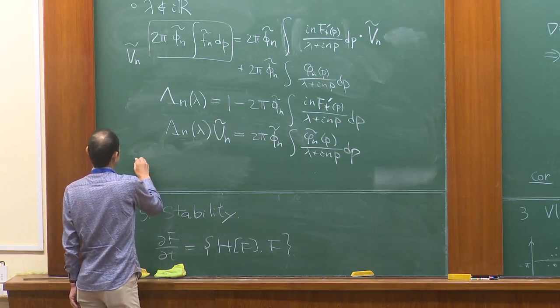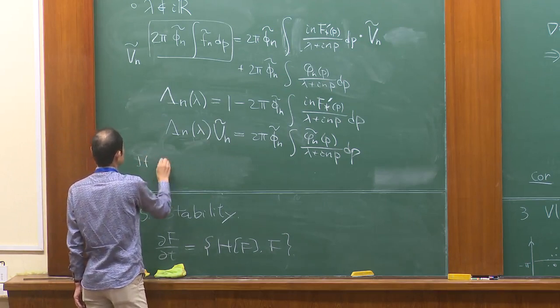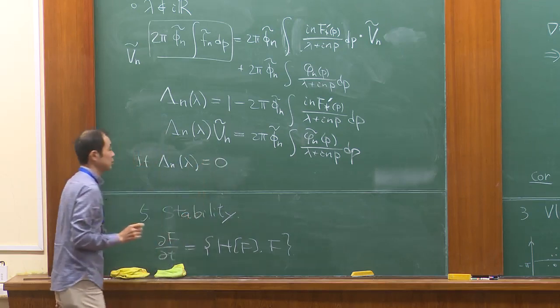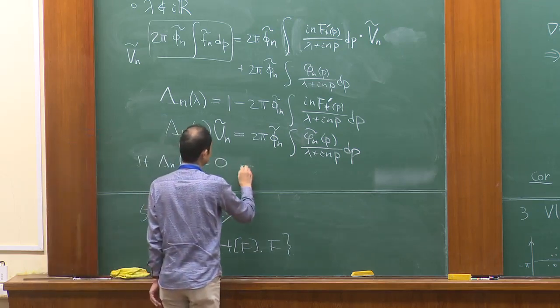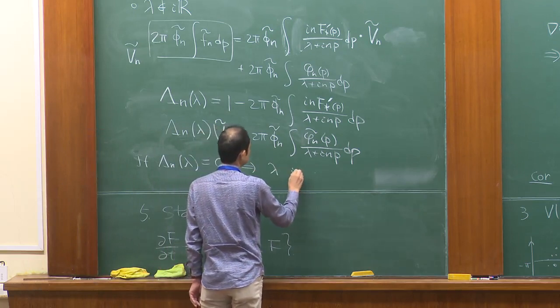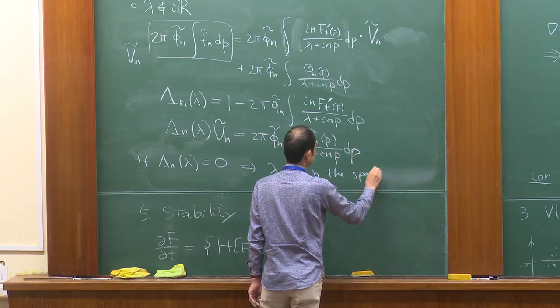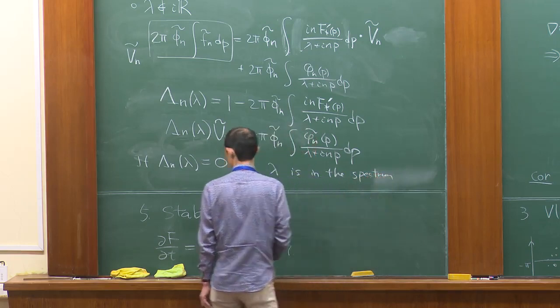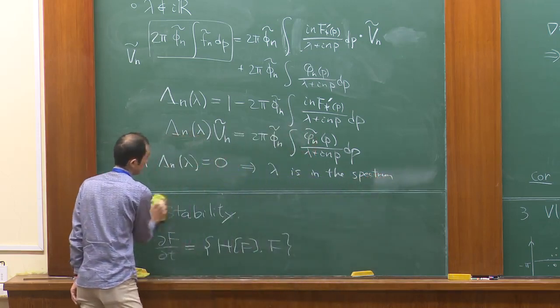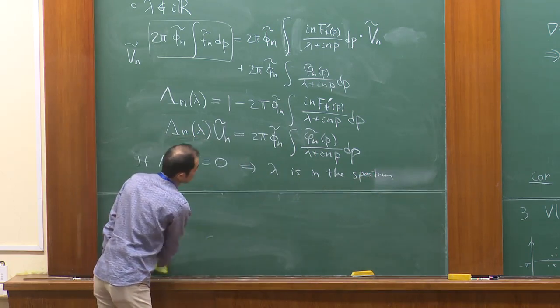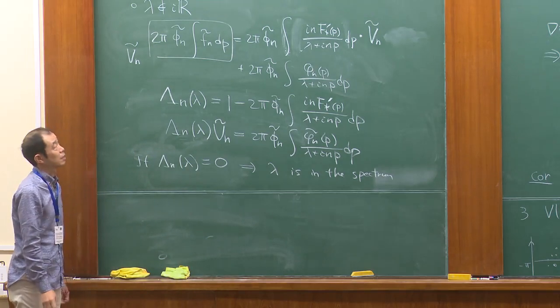So if this function is 0, then lambda is in spectrum. So like this, we can consider the spectrum.